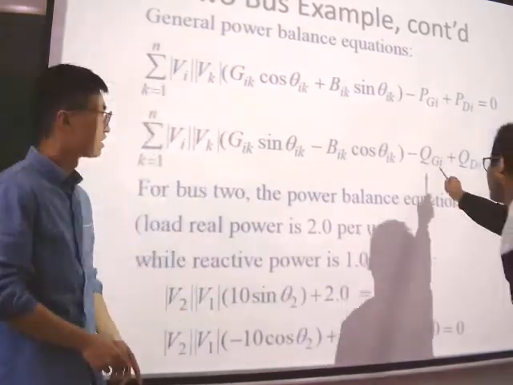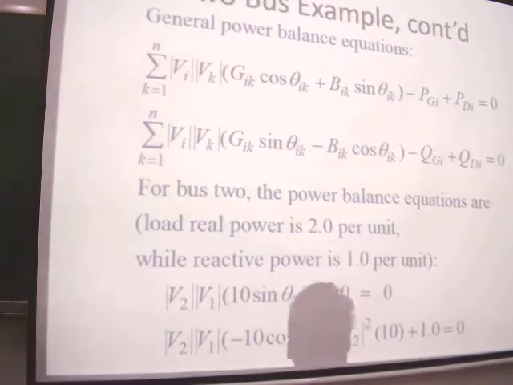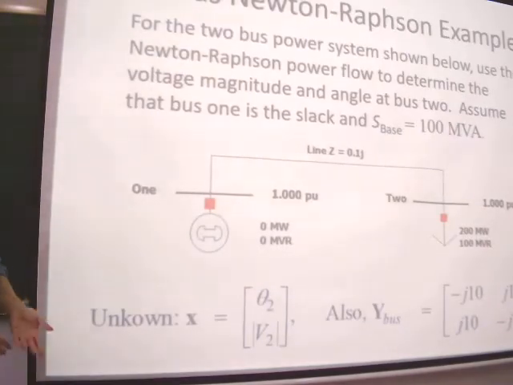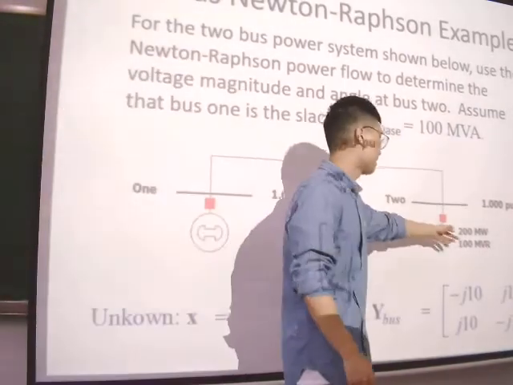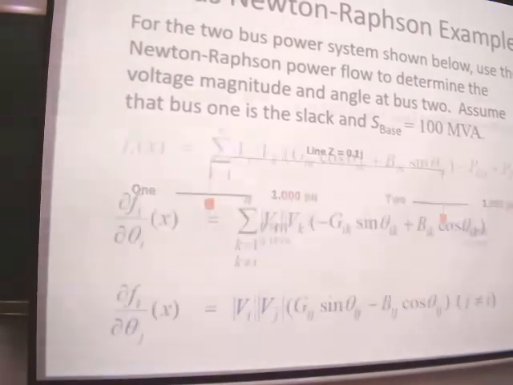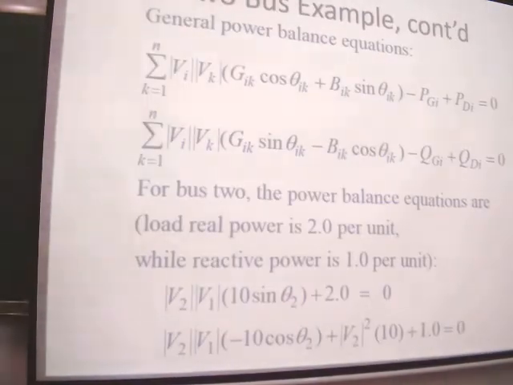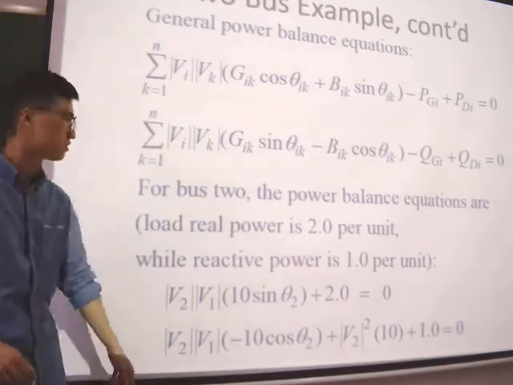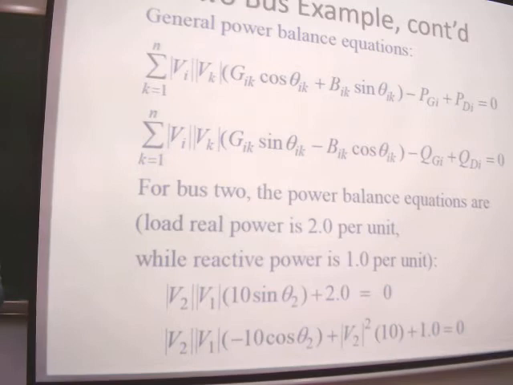And this one for this. This is the generation, the negative generation, and plus the demand, right? So the demand. Because here is 1 per unit, so you can just add them together, okay?